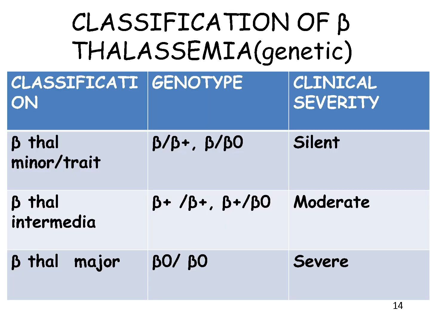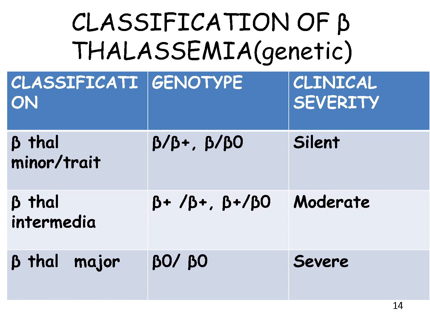This table shows the genetic classification of beta thalassemia. Beta thalassemia minor, or trait, has beta/beta plus or beta/beta 0 genotypes, and the clinical severity is silent. In beta thalassemia intermedia, beta plus/beta plus or beta plus/beta 0, the clinical severity is moderate.